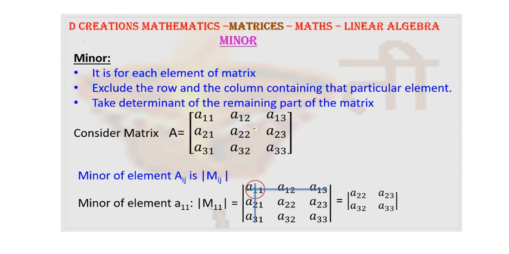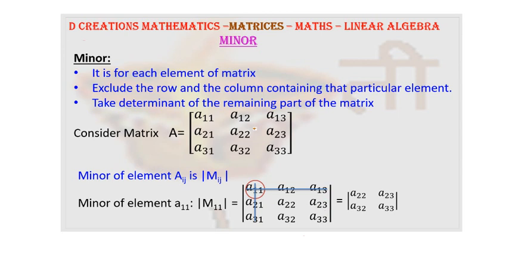So looking at what we had said earlier, what do you need to do? You need to exclude the row and the column containing A11. So as it is clear, we need to exclude row 1 and column 1. That means the remaining elements are A22, A23, A32, A33.